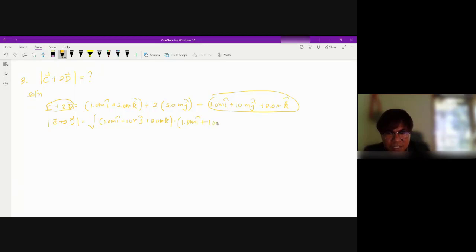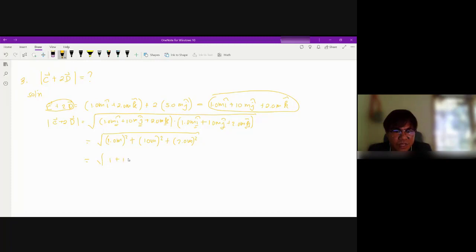Kabalo na ka kung unsay mag-contribute ani. That is essentially equal to Pythagorean theorem. So that would mean you have 1 meter square plus 10 meter square plus 2 meter square.